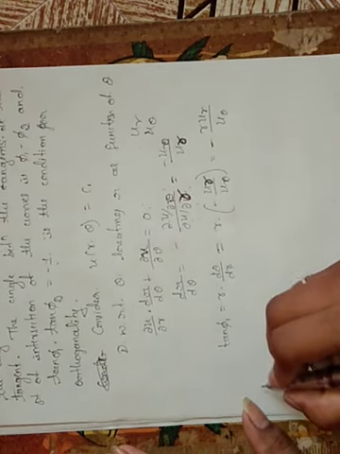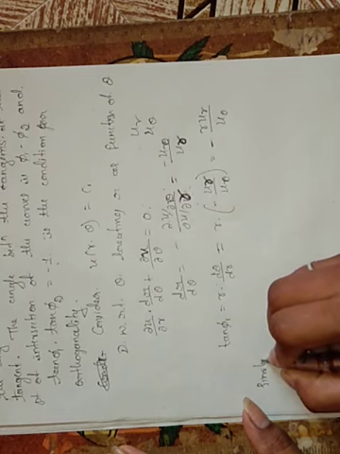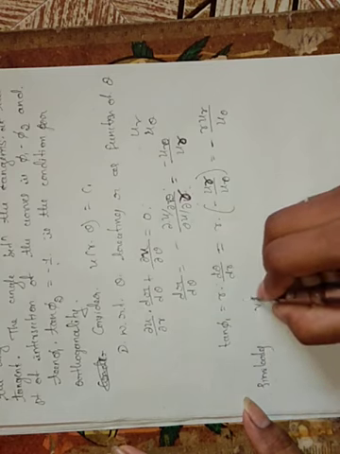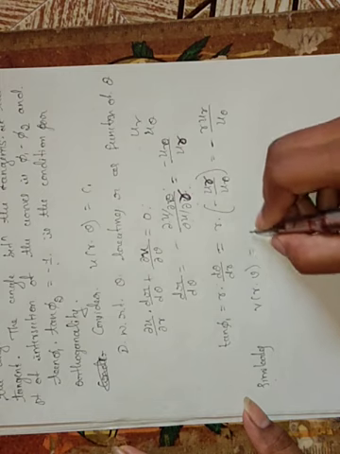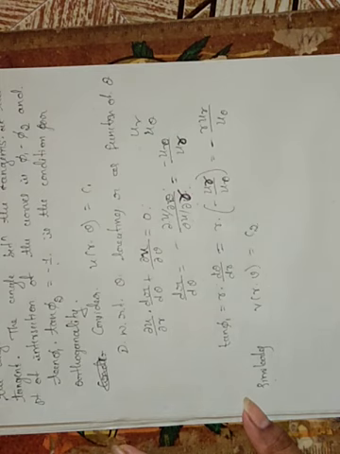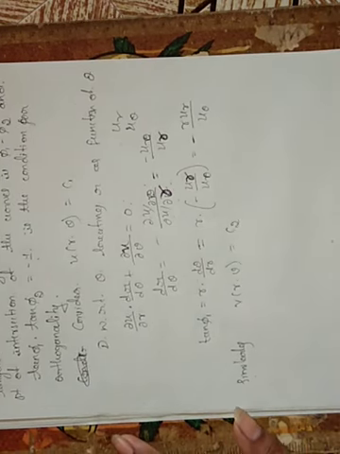Similarly, now I am going to consider the curve v of r comma theta equal to c2.